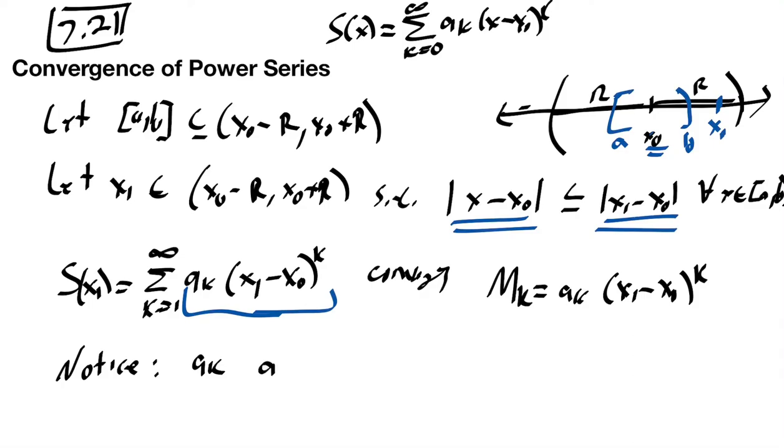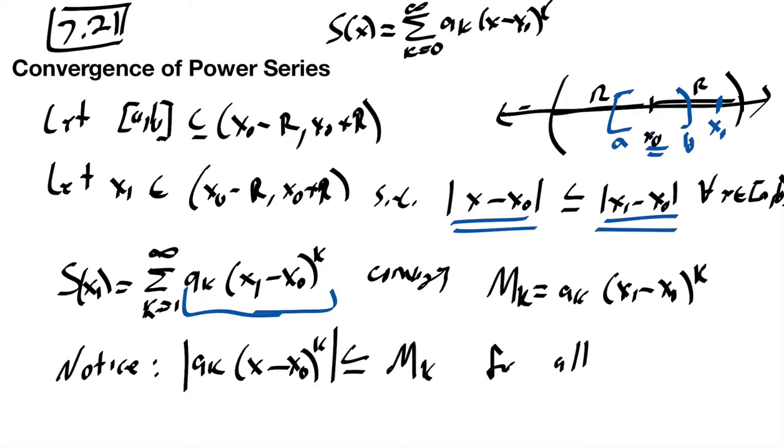Okay. Then we'll just quickly notice that a_k times x minus x naught to the k, and let's put an absolute value on this, is always less than or equal to these M_k values for all x in my AB interval.